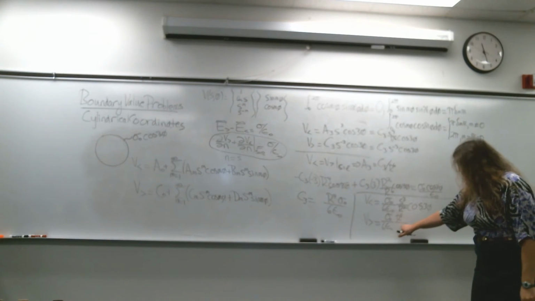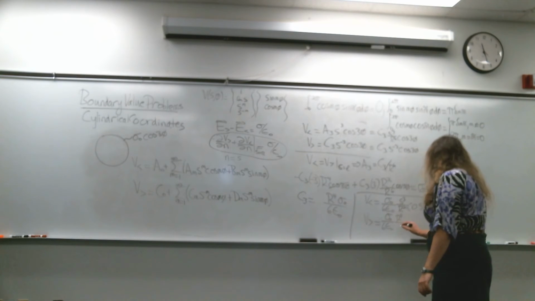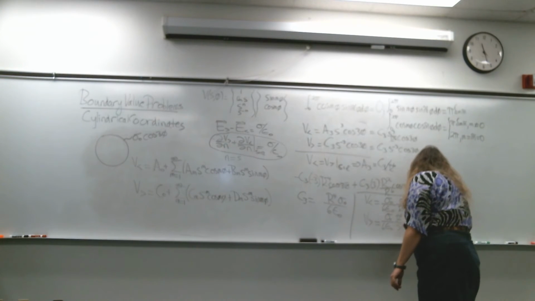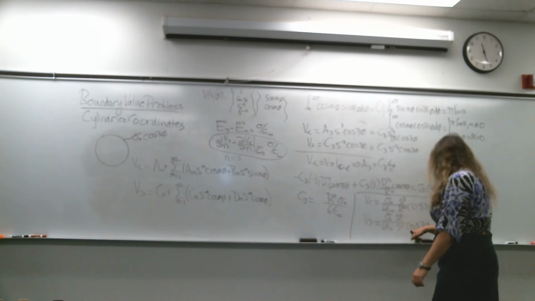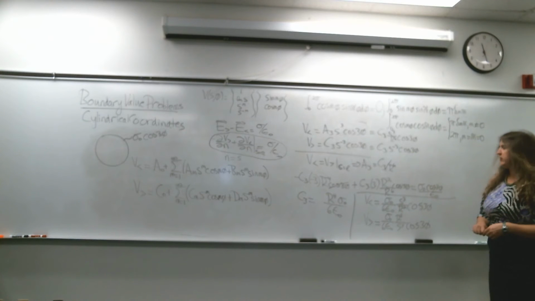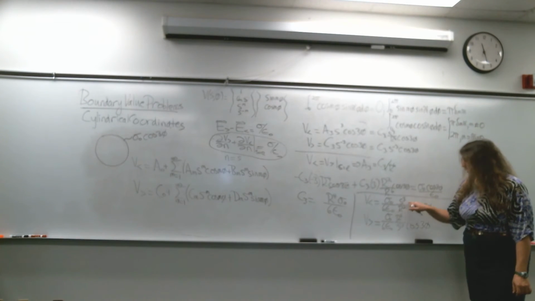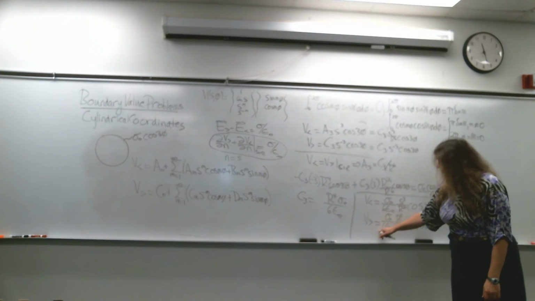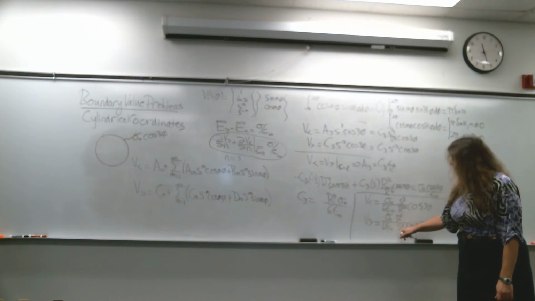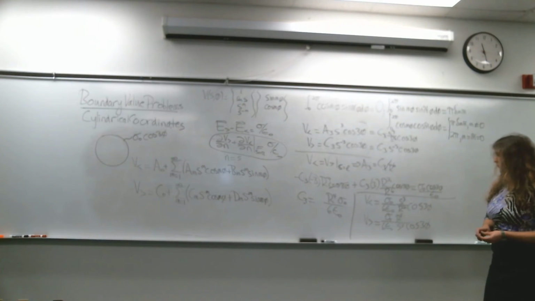And in the exterior region, we have R to the fourth over S cubed cosine 3 theta. So let me just read it off again. Interior solution: sigma naught over 6 epsilon naught S cubed over R squared cosine 3 theta. Exterior solution is sigma naught over 6 epsilon naught R to the fourth over S cubed cosine 3 theta.